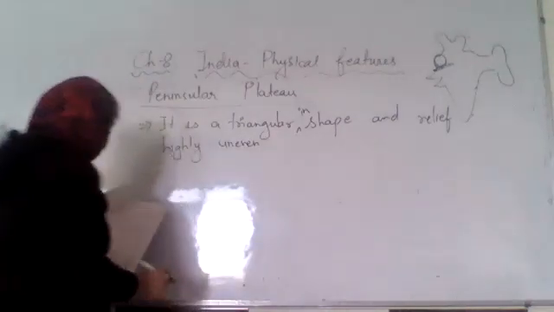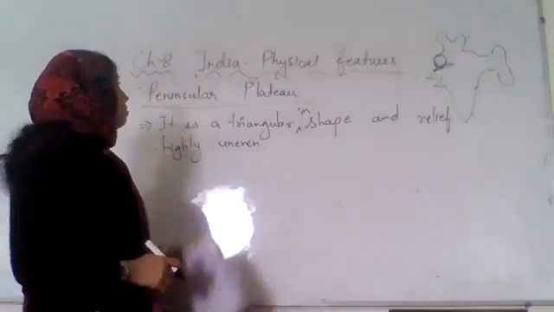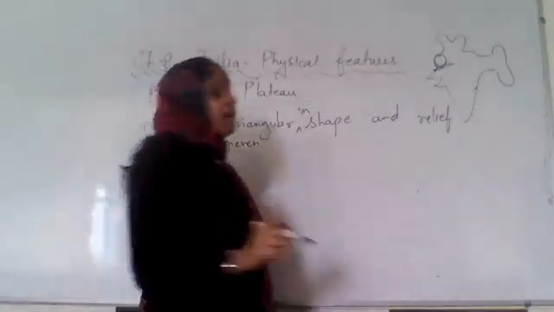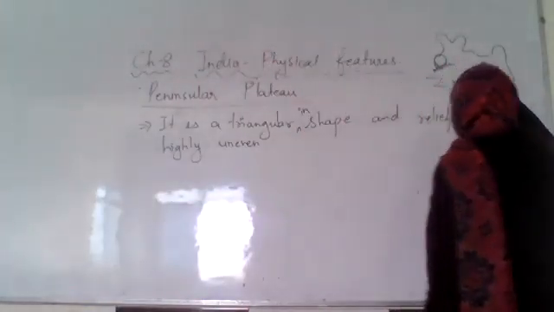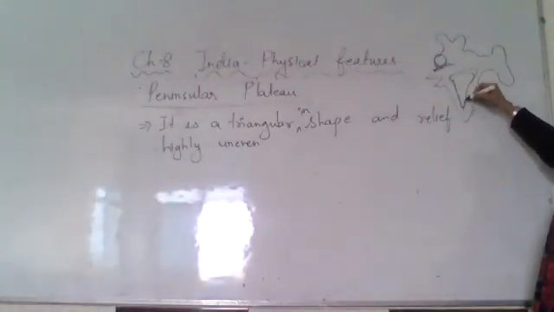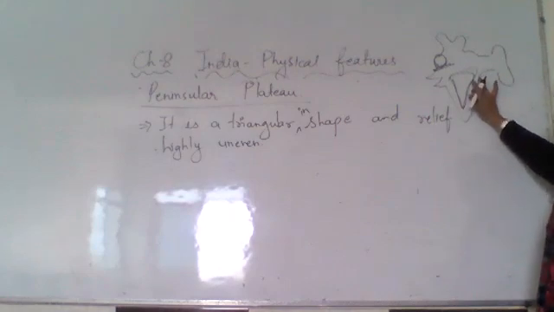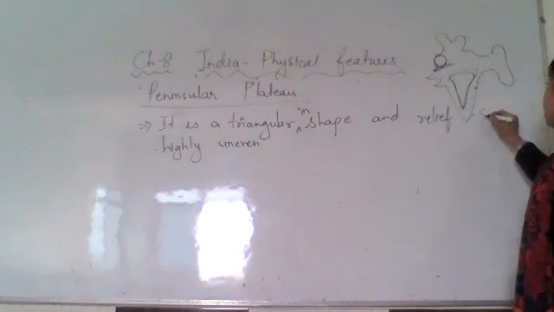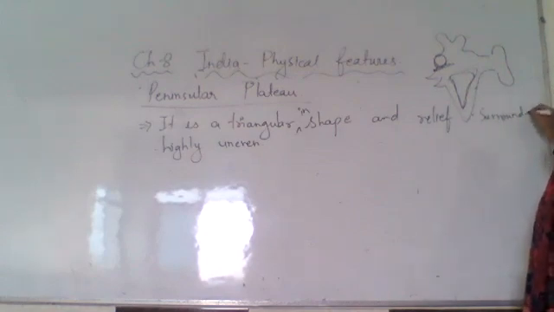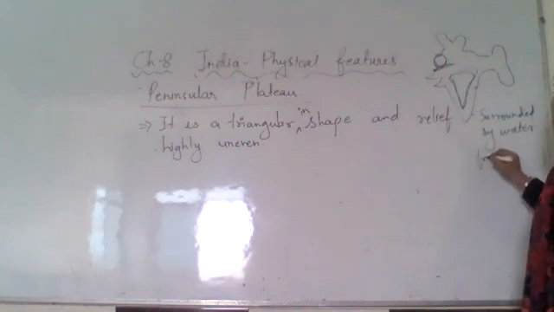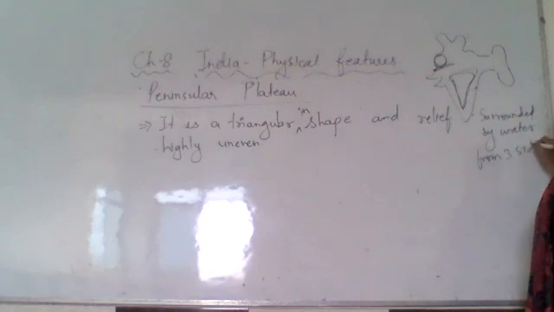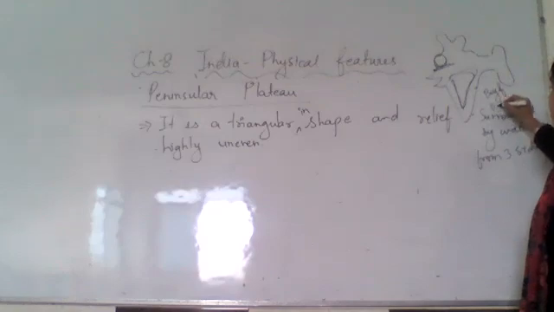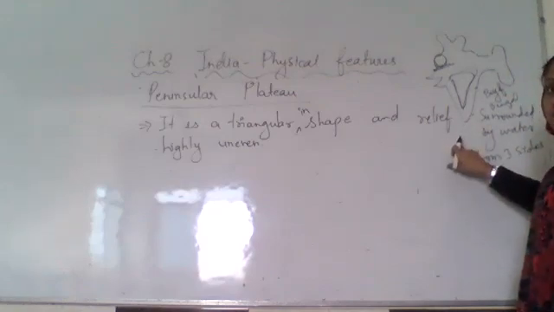What is the meaning of peninsula? This is the peninsular plateau which you have. Yesterday you saw in the map. Now peninsular means surrounded by water from three sides. So we have water here, Bay of Bengal. Downwards you have Indian Ocean.